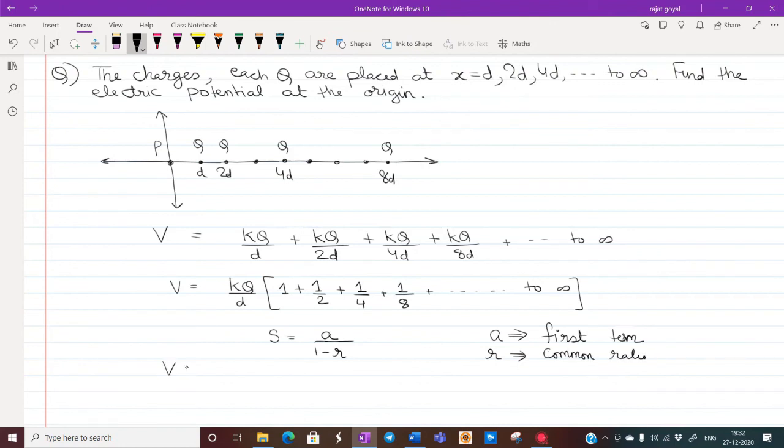So the potential will be K Q upon D. We can see here that the first term is 1 and the common ratio is 1 by 2. So it will be 1 upon 1 minus 1 by 2. So V will be equal to KQ by D, and 1 upon 1 by 2, which gives us 2KQ upon D.